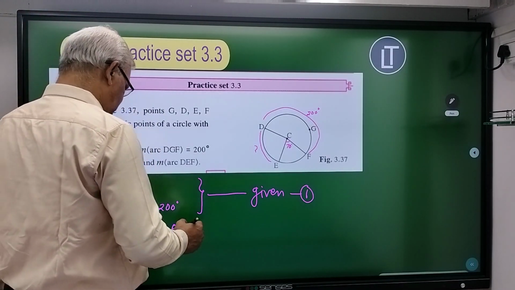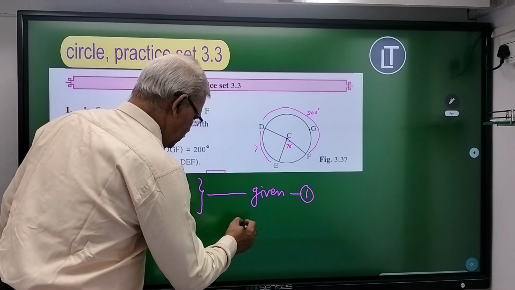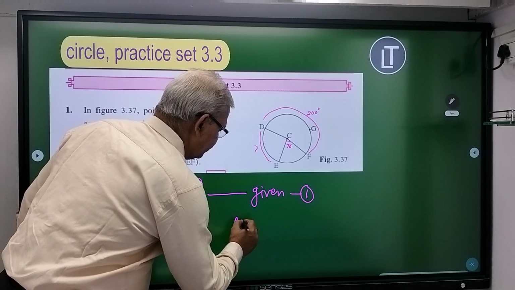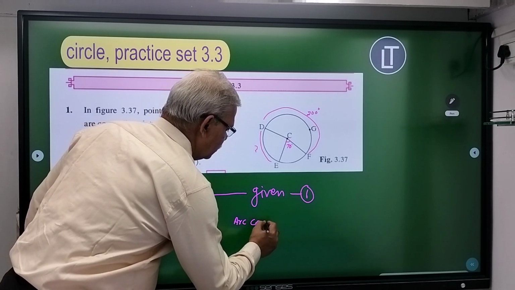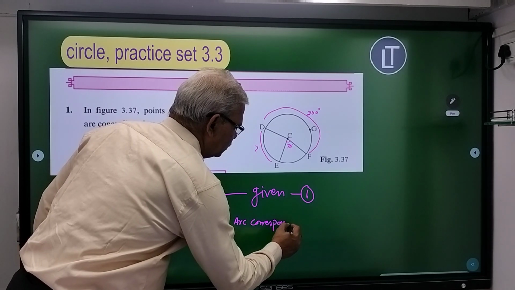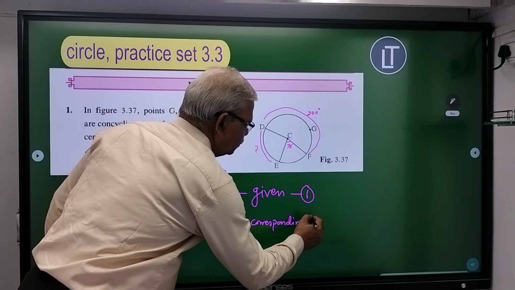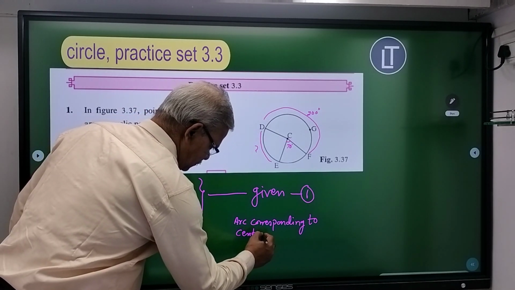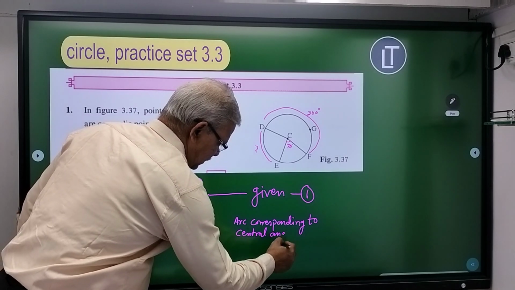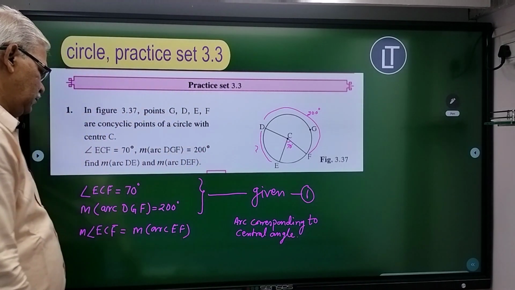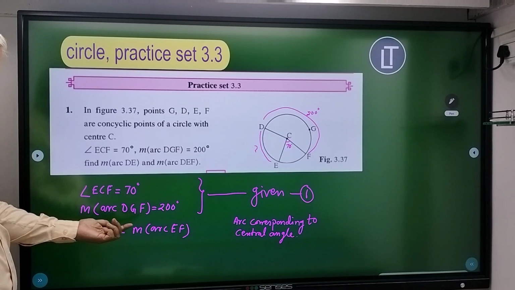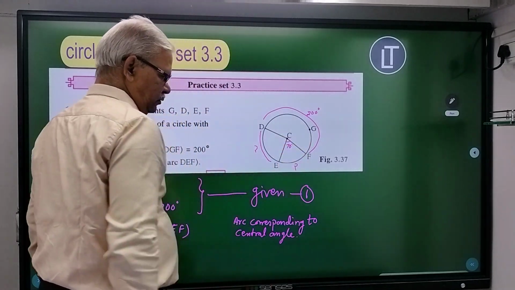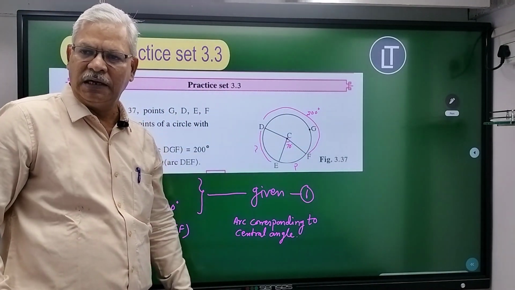Because the arc corresponding to a central angle, the measure of this arc is equal to the measure of the central angle.